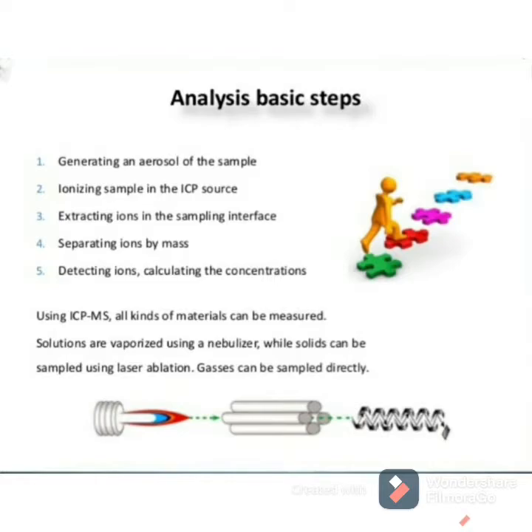After that, extracting ions through the sampling interface. Positive and negative ions come into the magnetic field and are extracted, separating ions by mass. After that, detecting ions and calculating the concentration, which is done by the detector.